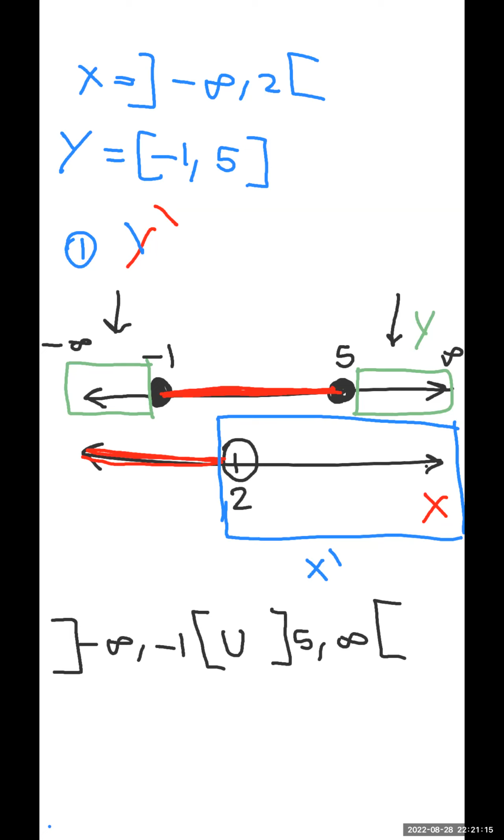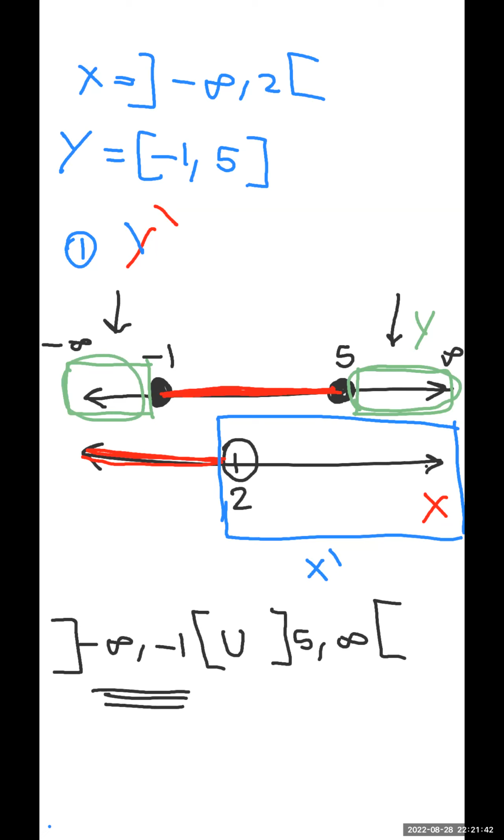Teacher, can you repeat it? Yes, sure. Here to complement Y, you want 2 parts. This one and this one. Are we correct? Yeah. So these 2 parts, the first one on the left, negative infinity and -1.